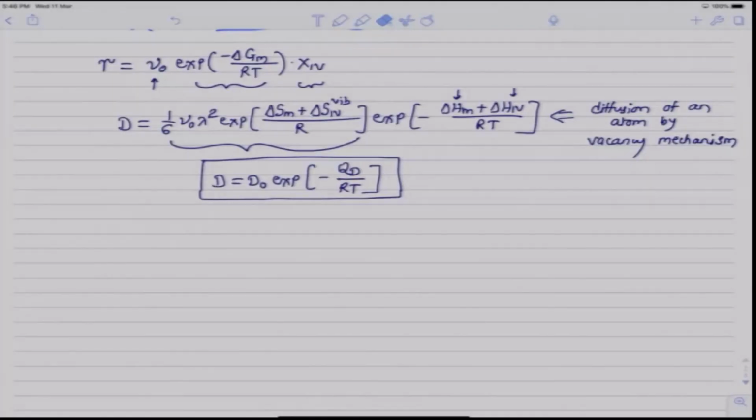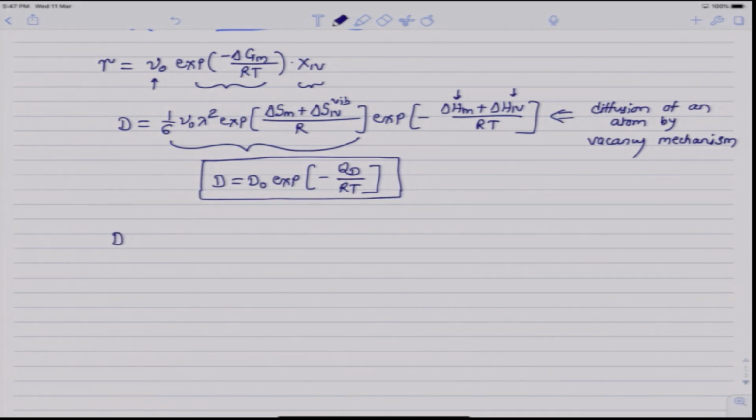So, when we consider the diffusion of a vacancy, we do not need to consider this term x1v, because the probability that the next site is vacant is 1 almost at all times. And so, the only contribution to the activation energy for diffusion of a vacancy will be from the activation barrier for migration.